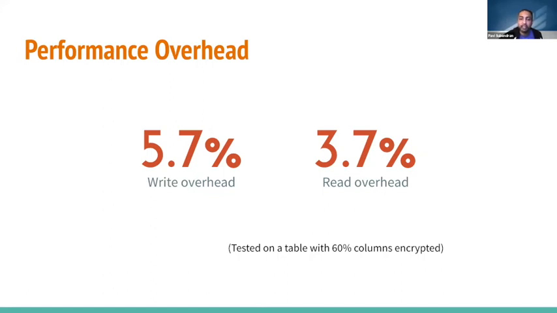We found that the network round trip to the KMS was minimal in our case because of good caching and low latency corporate intranet deployment, and the majority of this overhead is spent on the actual encrypting and decrypting process. Also, I want to highlight that we tested this on a table with 60% of columns encrypted. Often you'll find that a lot of tables have a much lower percentage of columns that need to be encrypted, and this overhead decreases as a result of that.